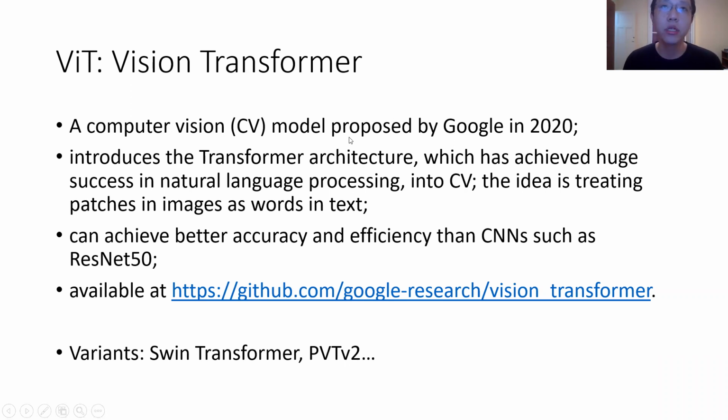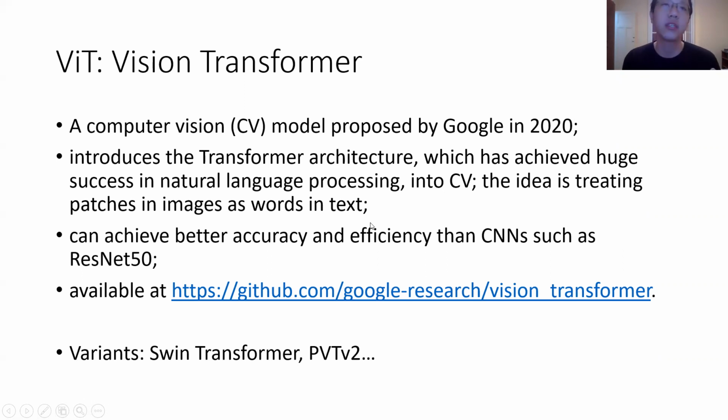But in this one, which was proposed in 2020 by Google, they actually introduce the transformer architecture from NLP to computer vision. The idea is basically treating patches in images as words in text.